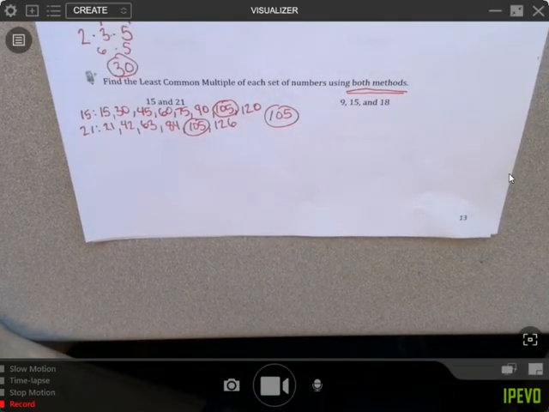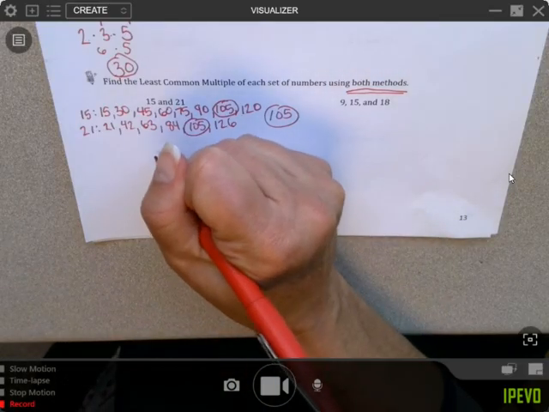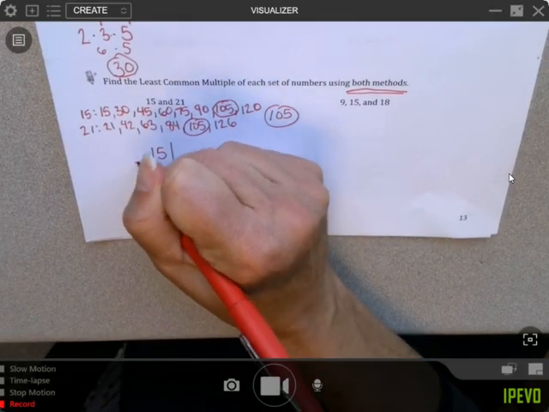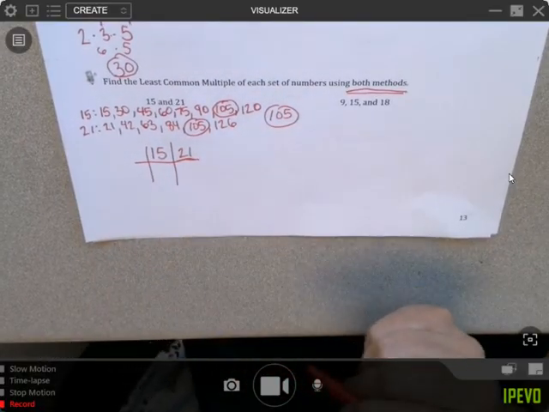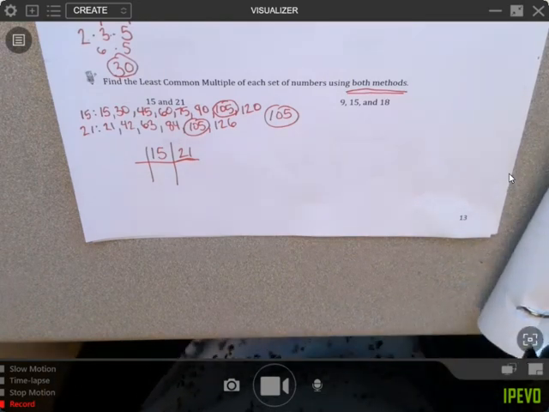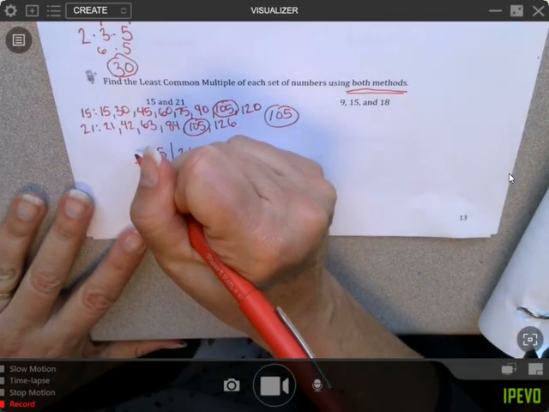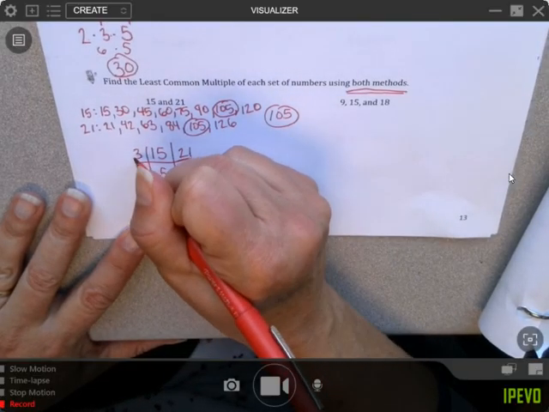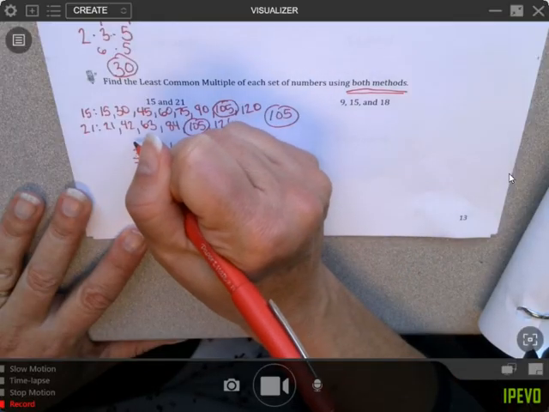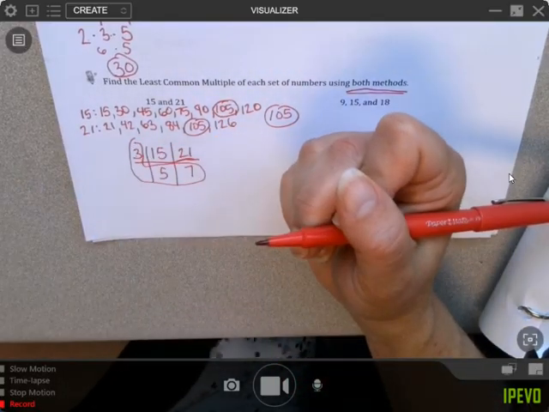But now I have to do it with the table method. So I'm going to do 15 and 21. What factor do they share that I can pull out of 15 and 21? Claire? 3. A 3. 15 divided by 3 is 5. 21 divided by 3 is 7. Remember, I make an L because I can't divide that 5 and 7 any lower.